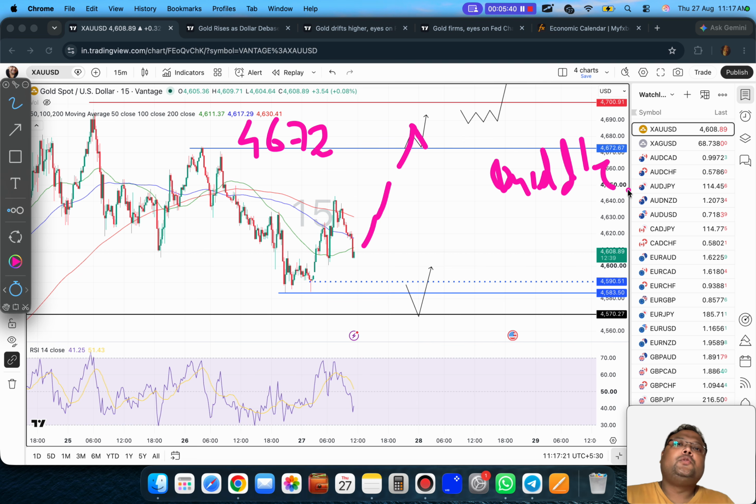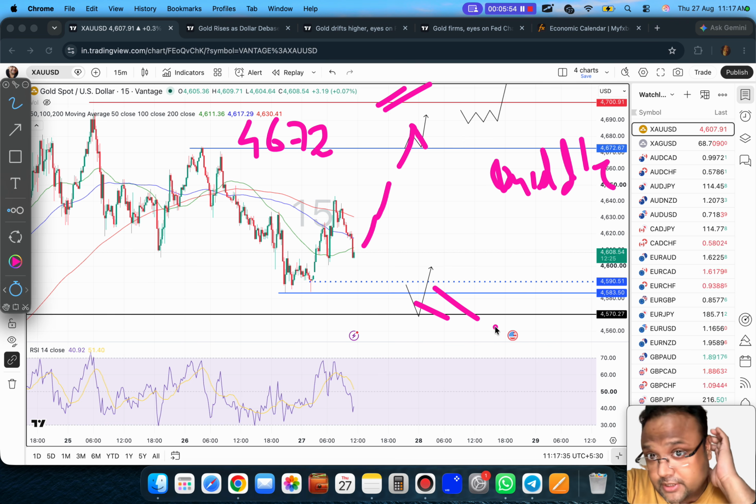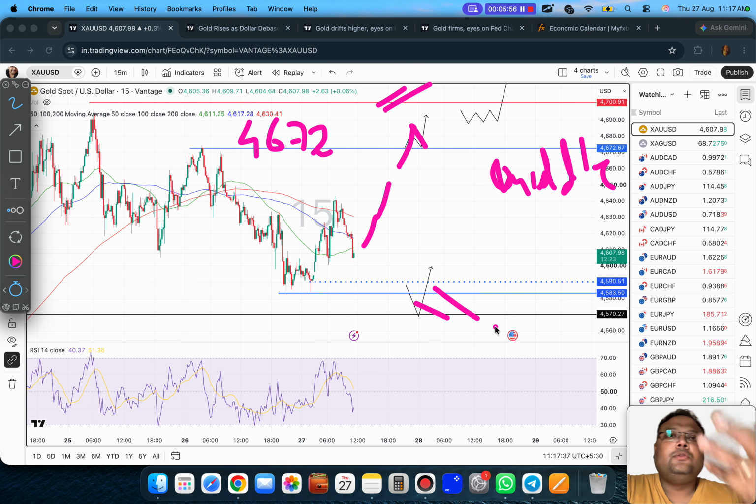If you want to make money or survive in a sideways market, you should stick to the range. So here, what is the range? 4700 and 4600. Anything inside the range is risky. But still we're discussing because you guys are day traders, I'm also a day trader. We cannot sit idle. But keep in mind that they are risky and a little bit on the weaker side.